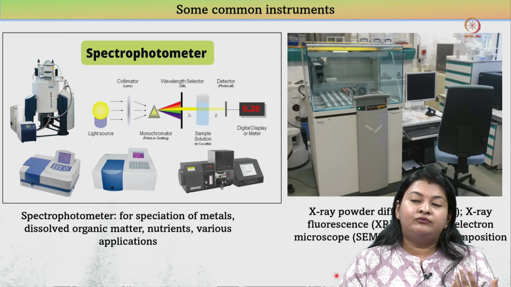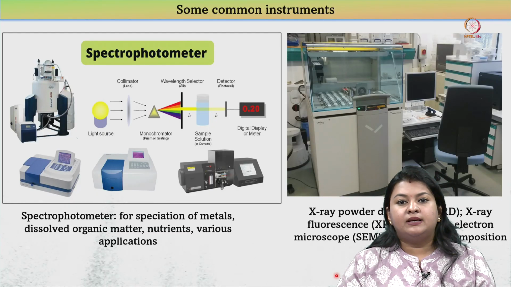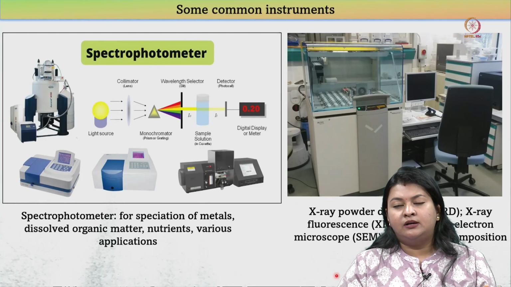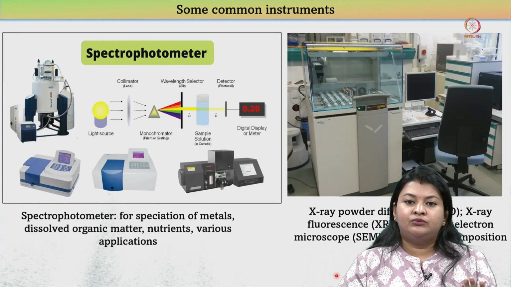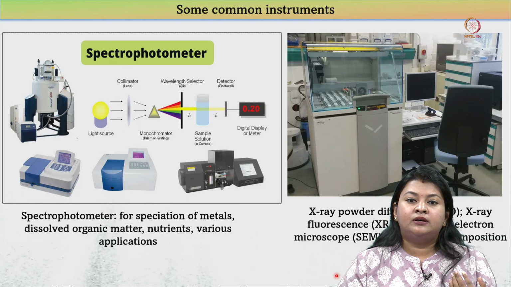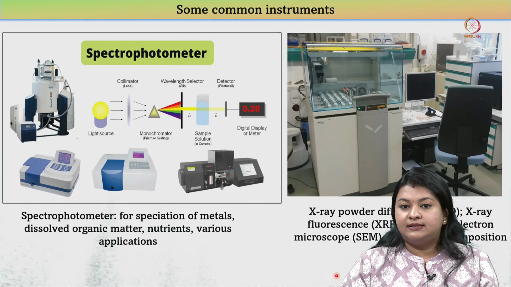But for nutrients, even if the sensitivity is a little low, they still get measured. That is what we have seen, that the concentration of metals is far less as compared to nutrients and organics, and therefore for metal analysis, the instruments have really very high sensitivities.